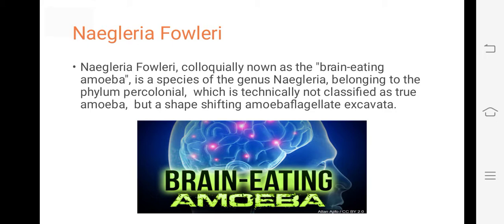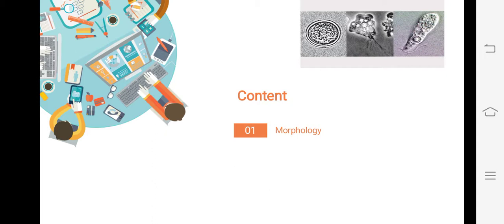It is the only species that causes a lethal brain infection called primary amoebic meningoencephalitis, or PAM.